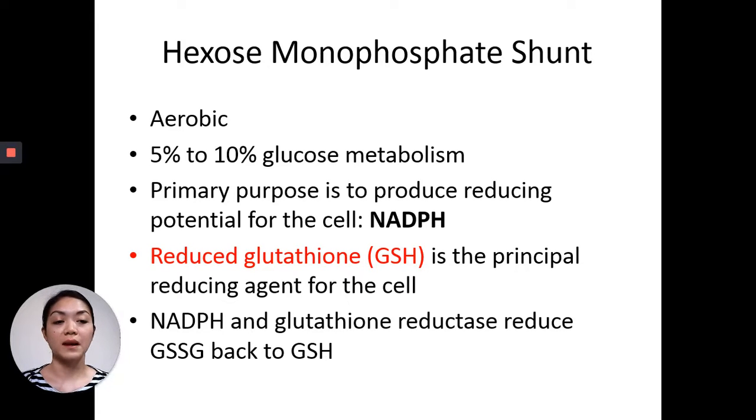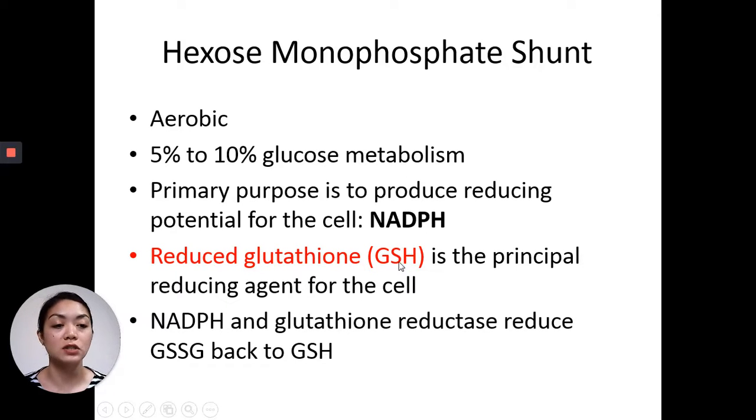So the purpose of this pathway is to produce what you call as the reducing potential of the cell. When you say reducing potential, hindi siya ang reducing agent, siya lang ang factor na needed to produce the reducing agent. So the reducing potential here is NADPH, nicotinamide adenine dinucleotide phosphate hydrogen. Okay, we've mentioned also this in biochem. So NADPH is needed to produce now what you call as the reducing agent, and that is glutathione in the reduced form.